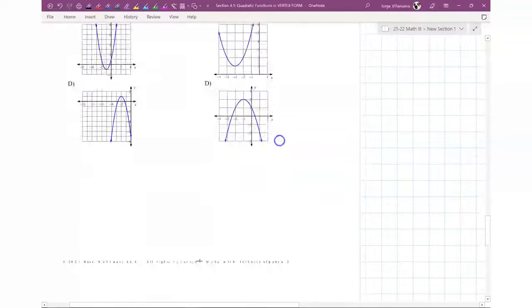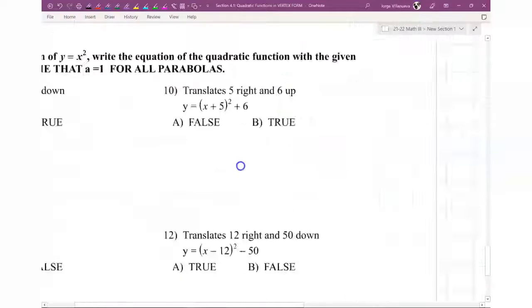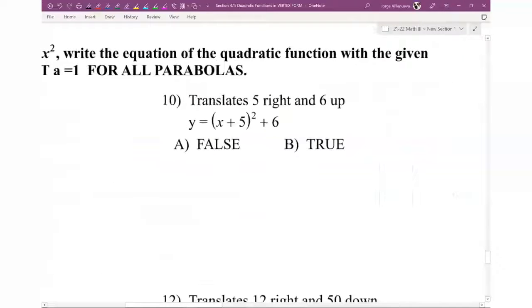It has to look negative. Does that look negative? No, that looks positive. So this is false. Okay? The vertical part was right. 6 up, plus 6, perfect. But this should look negative in order for me to move right. It should look positive if I'm going to the left.